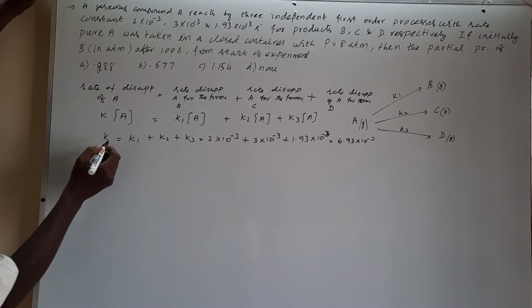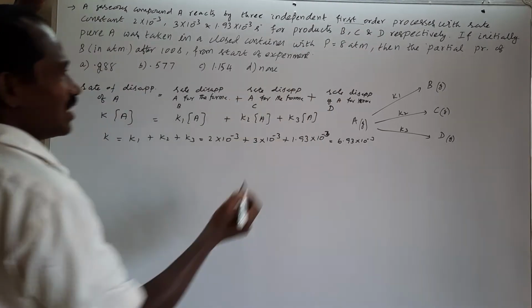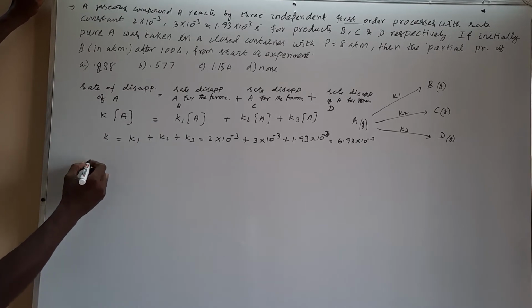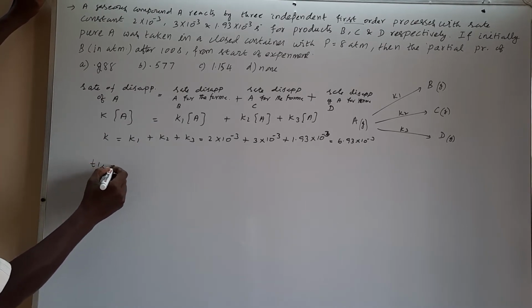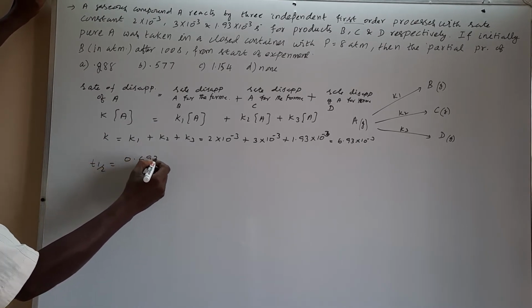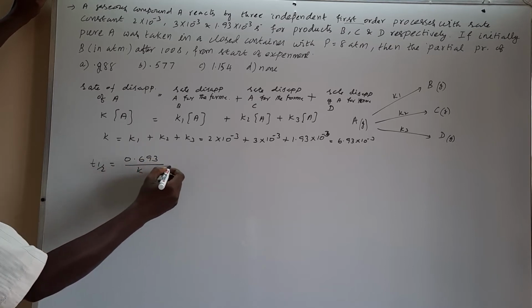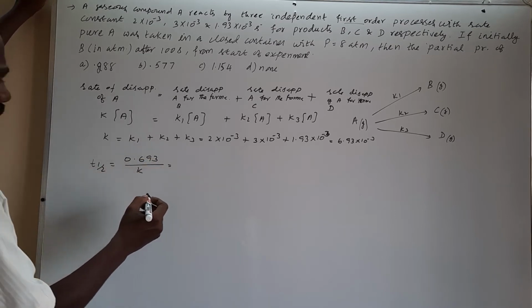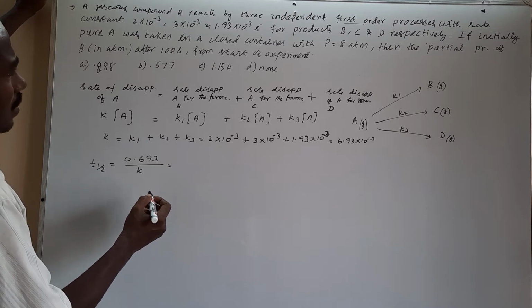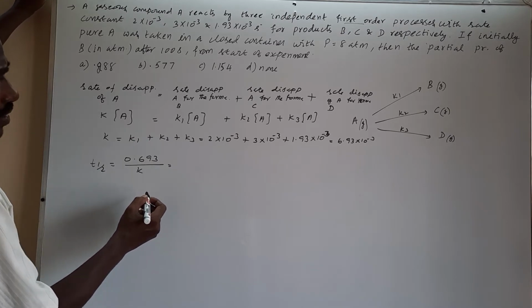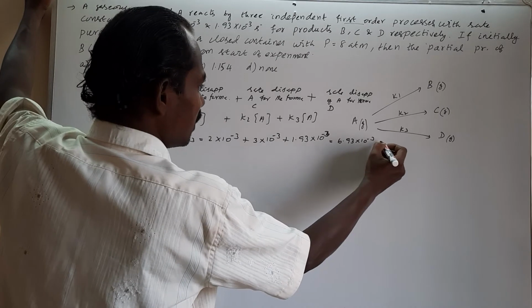This is a first order reaction, so let us find the half-life period. Half-life period is equal to 0.693 by K, where the unit of K is per second.